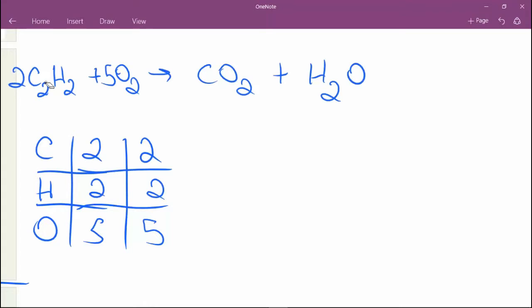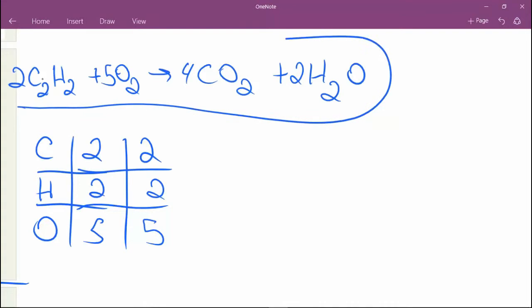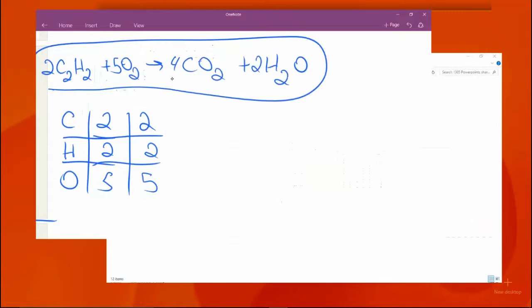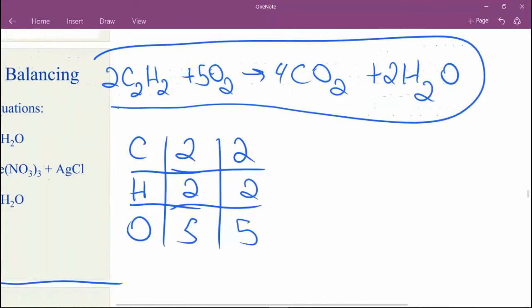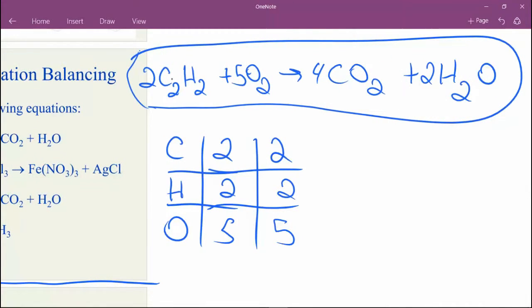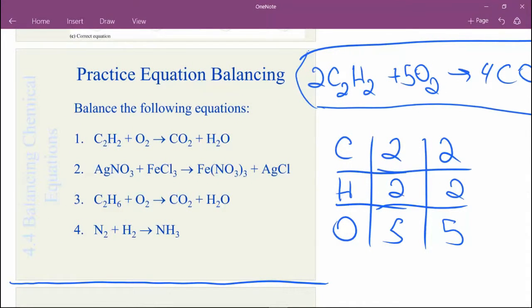This is going to become 4, and this is 2. So this is my balanced chemical equation for that reaction, C2H2 plus O2. Okay, and that's how I would get that.